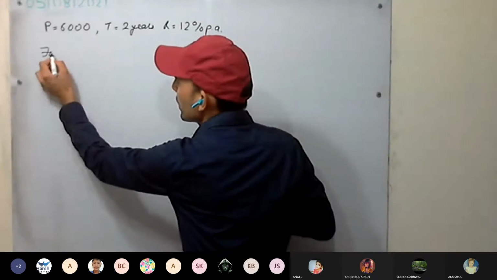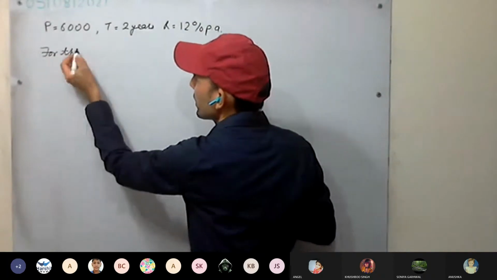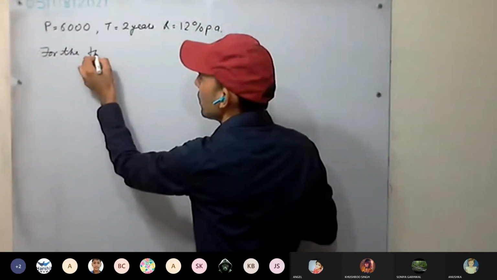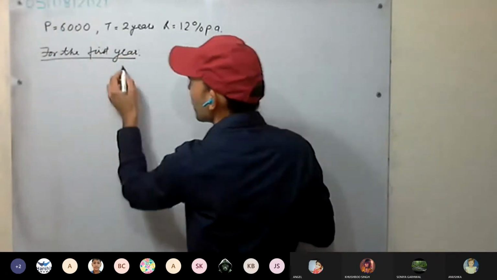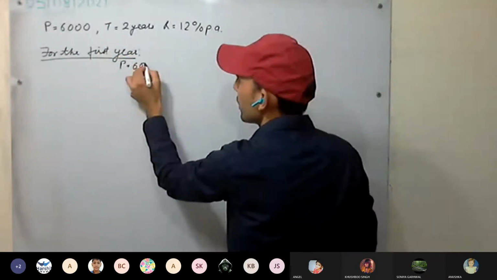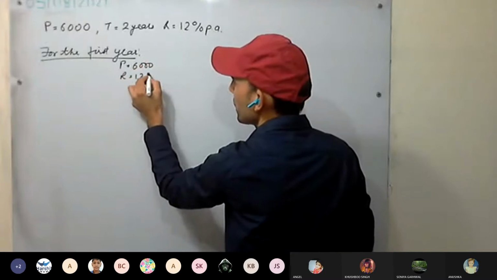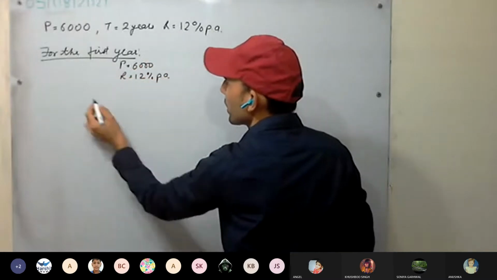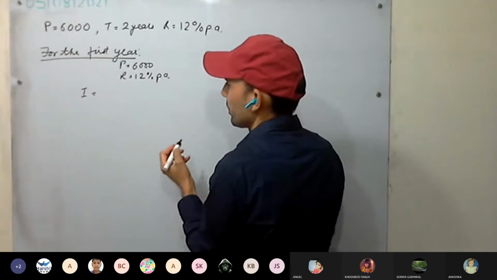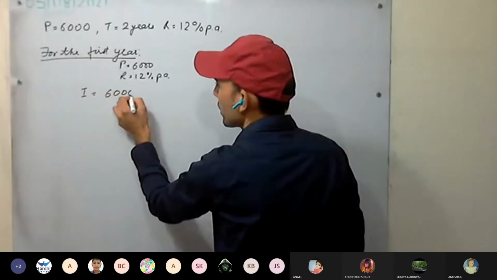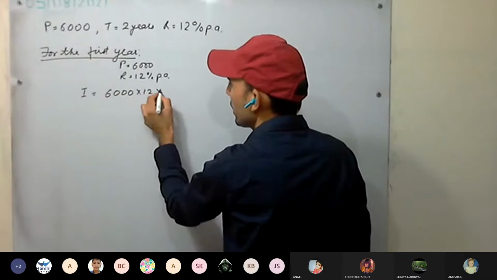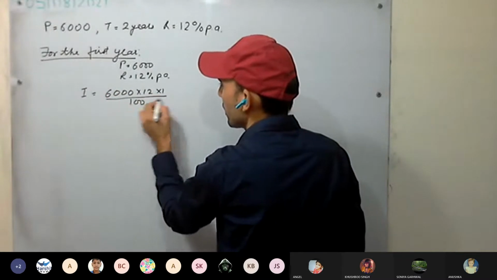Okay, so for the first year, calculate the interest. P equal to 6,000, rate equal to 12% per annum, T is 1 year. Interest is P R T upon 100, which is 6,000 times 12 upon 100.